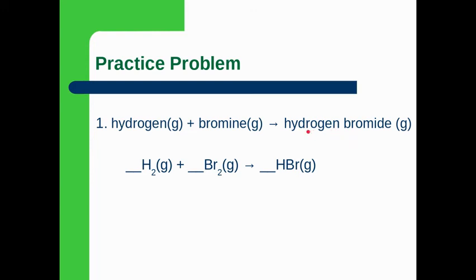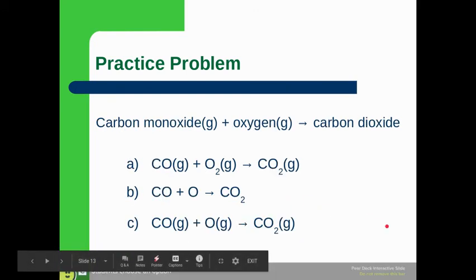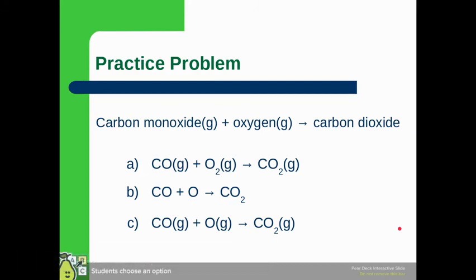So hydrogen, if we go to the top of the group, has a +1 charge. Bromide is Br with a 1- charge. And so since the charges are the same, we only need one of each to write the formula for hydrogen bromide.